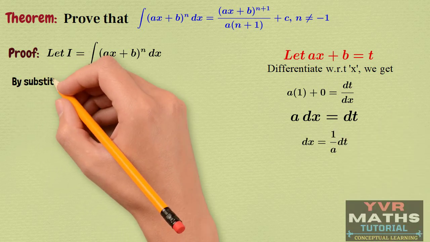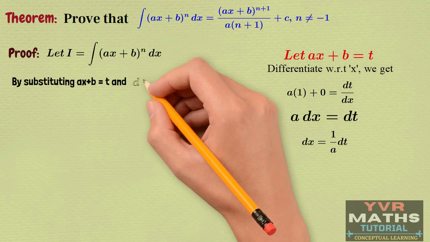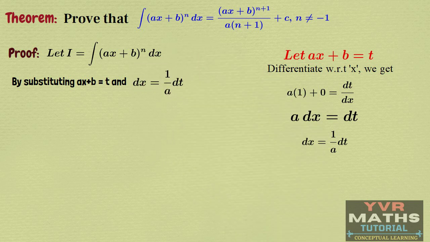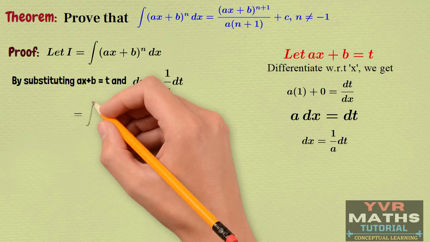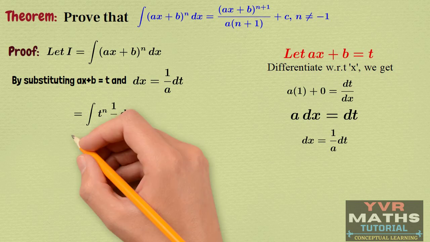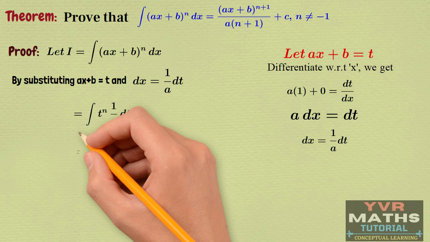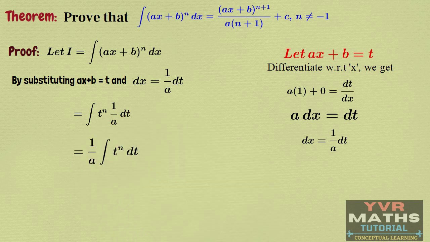Now, I will substitute ax plus b is equal to t and dx is equal to 1 by a dt in the given integrand. Then what we will get? See here, integral t power n into 1 by a into dt. Here 1 by a is constant. If you write it outside of the integration, then the next step is 1 by a into integral t power n dt.